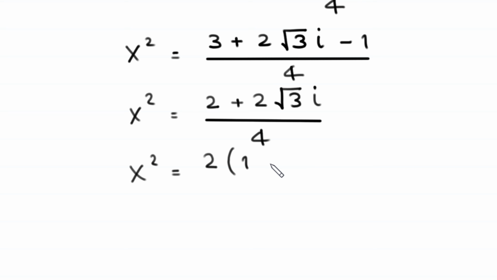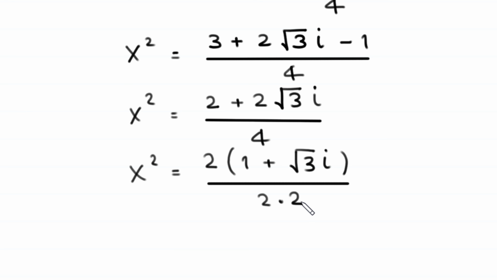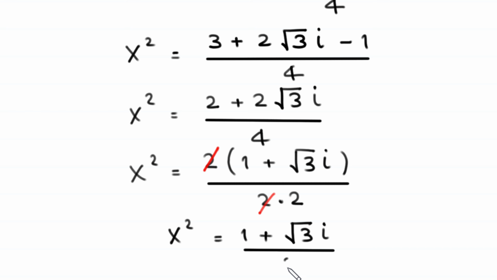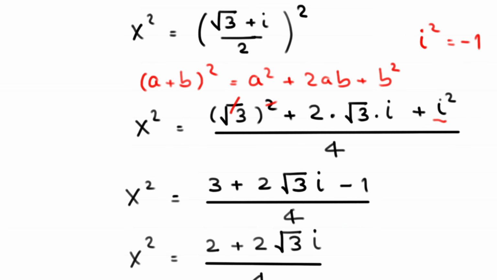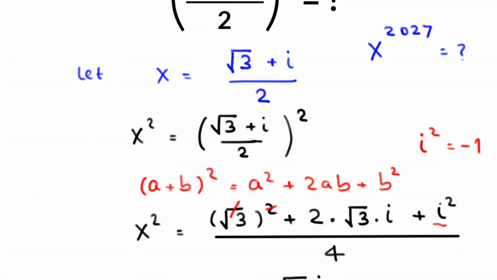In bracket we are left with 1 plus root 3 times i, divided by 4, which is the same as 2 times 2. So this 2 will be cancelled out with this 2, and we get the value of x squared equal to 1 plus root 3 i divided by 2. Now we take a cube of both sides of this equation.